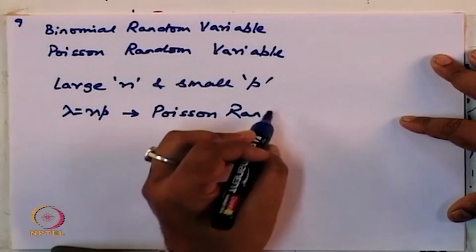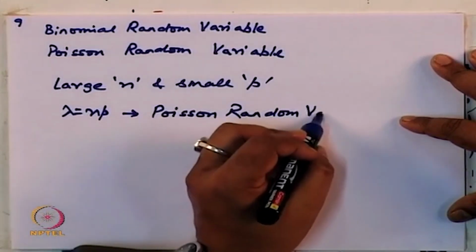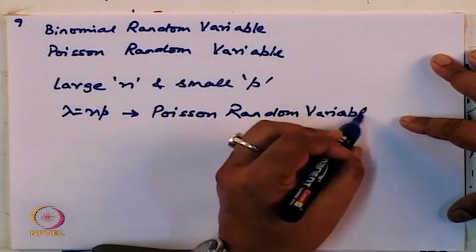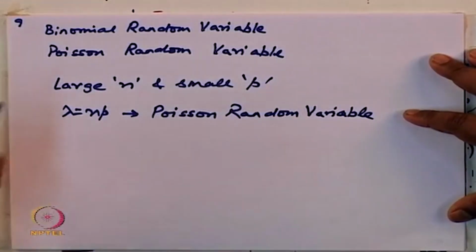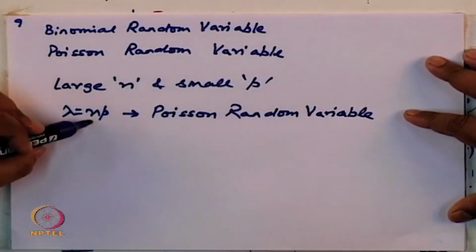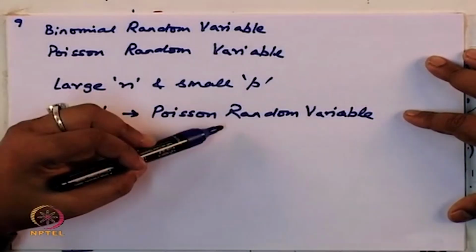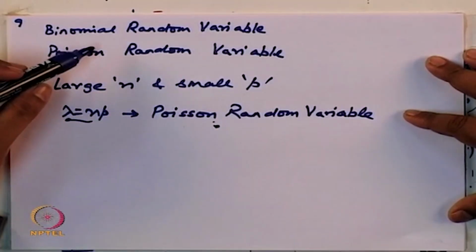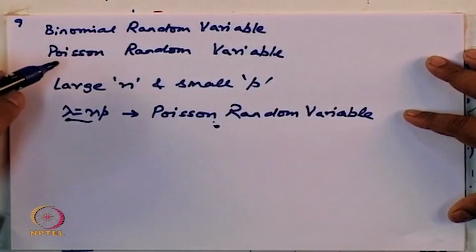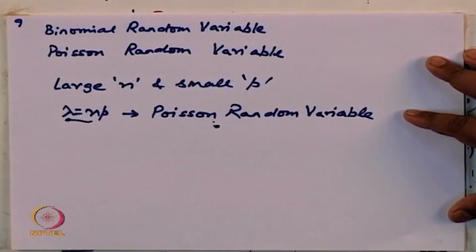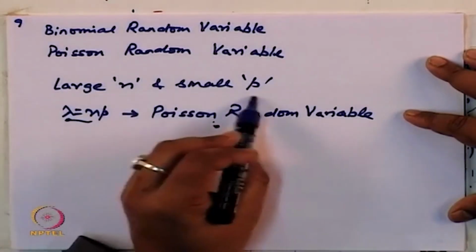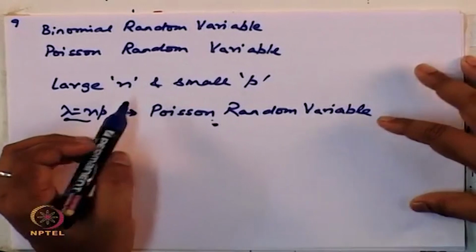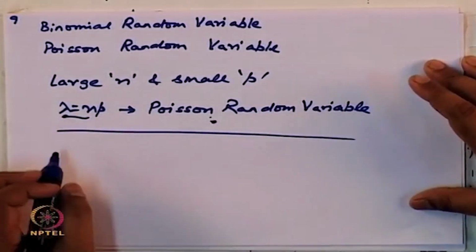In other words, if you choose lambda equal to np, then the probability you calculate from the Poisson random variable will be very similar to the probability you calculate using the binomial random variable. So, there are similarities when you use binomial and Poisson random variables for certain values of n and p. Okay, so we are done with the Poisson random variable.